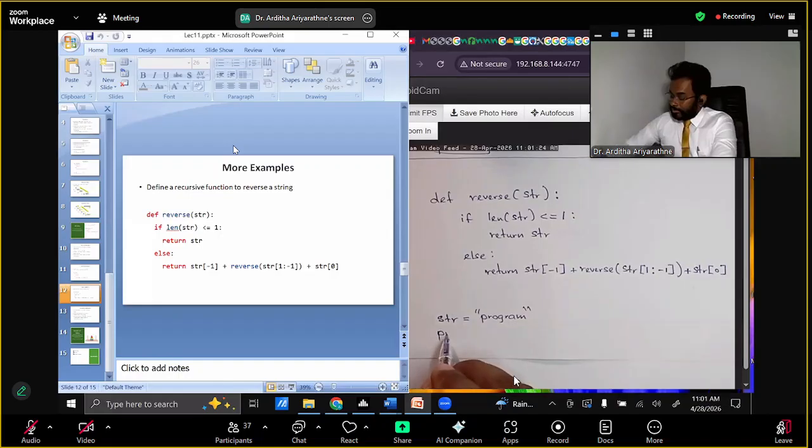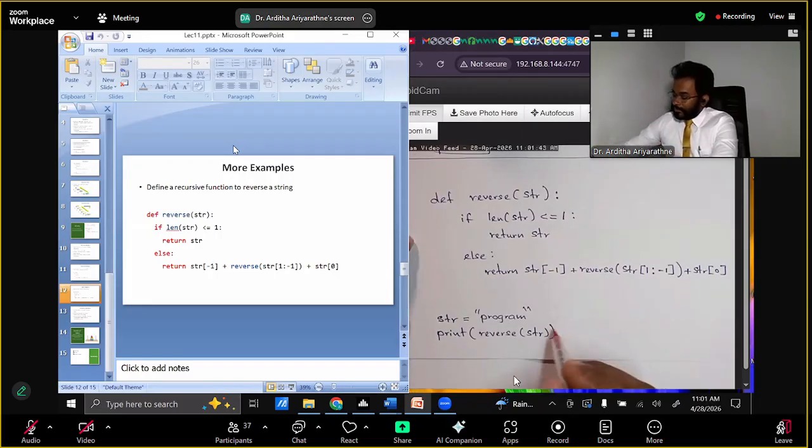I am calling reverse inside print, then inside that str is the parameter, like this.